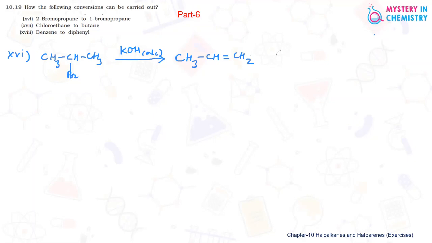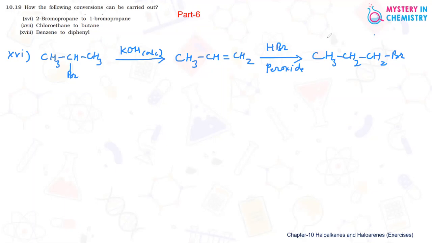This is the compound formed, and it is when subjected to reaction with HBr, that is addition of HBr in presence of peroxide. Then the compound formed is CH3, CH2, CH2Br. So this is the required compound, that is 1 bromopropane.